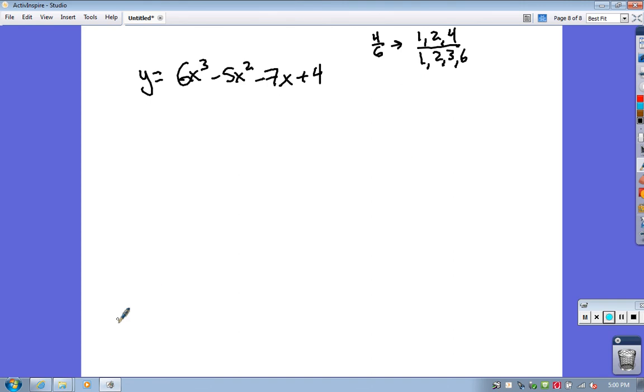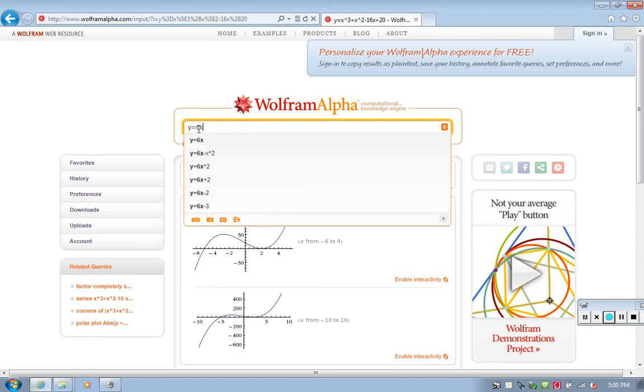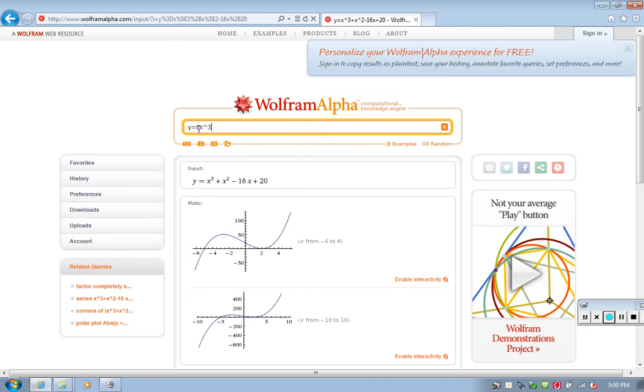So then what that can help me do is maybe interpret my graph. If I were to graph this thing, 6x cubed minus 5x squared minus 7x plus 4, I'll graph it.